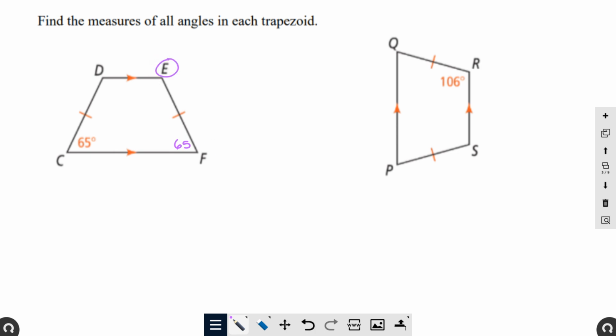This is a transversal. So E and F are same side interior angles, which are supplementary. That's right, because we have those parallel lines, all those angles from Math 2 pop back up: same side supplementary.